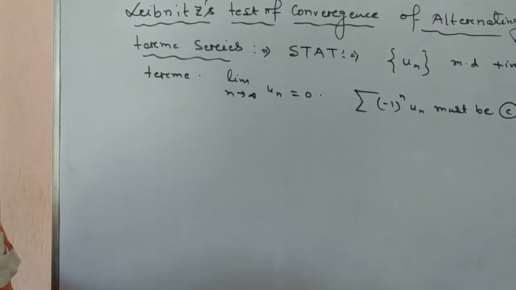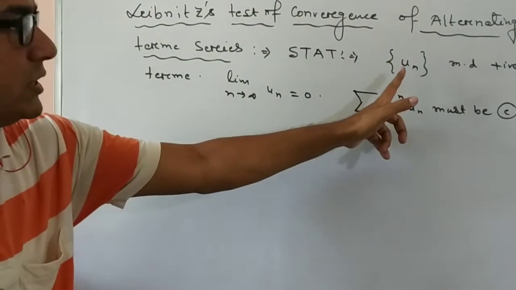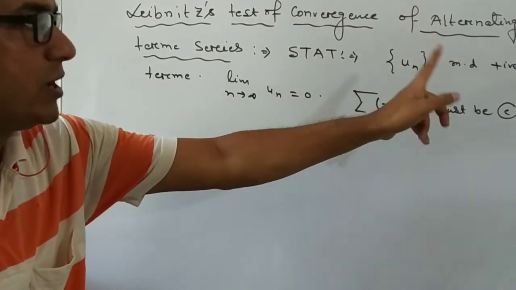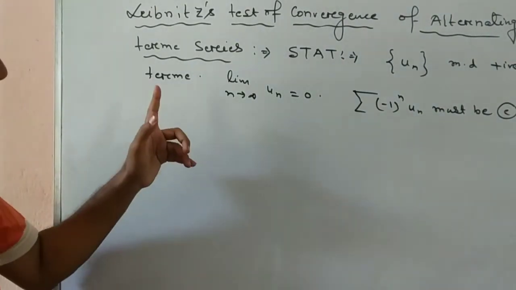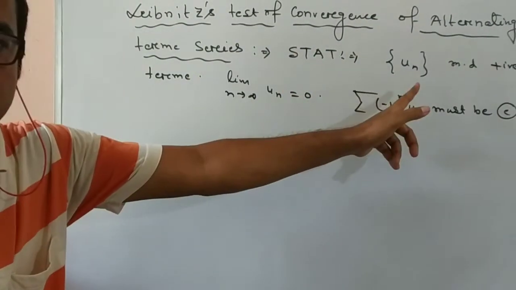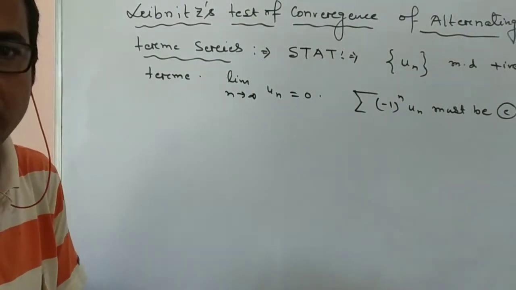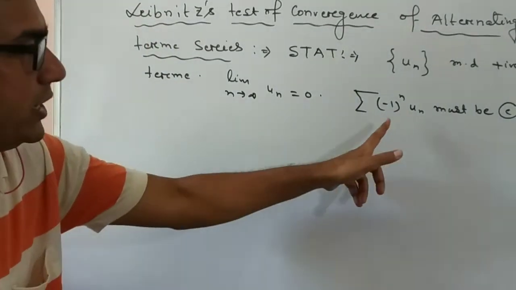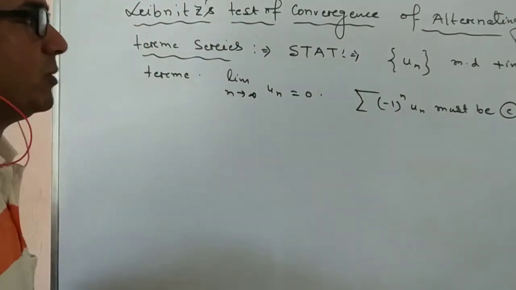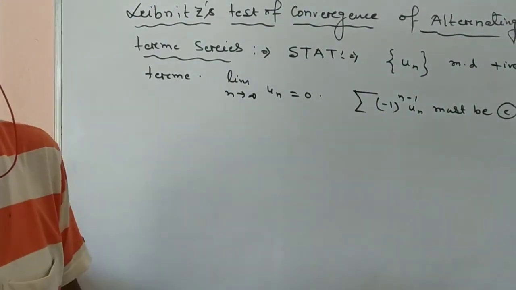So the statement of the Leibniz test is: if un is a positive term monotonic decreasing sequence and its general term tends to 0 as n tends to infinity, then the alternating term series (-1)^(n-1) un must be convergent.